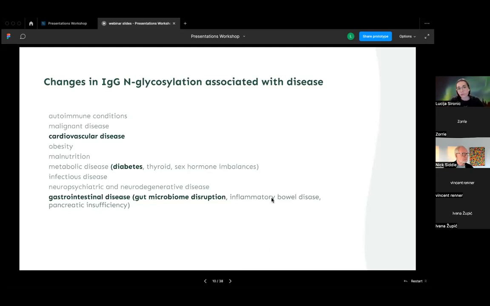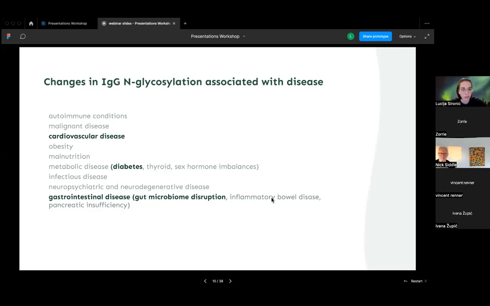Obviously, not just according to our studies, but if you look into glycobiology literature, you see that changes in IgG glycans have been mentioned in the context of many different clinical disorders, from autoimmune conditions to malignancies, cardiovascular disease, metabolic disease, obesity, gastrointestinal disease, and so on.